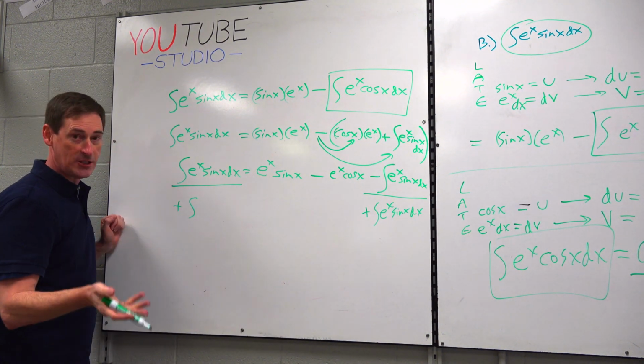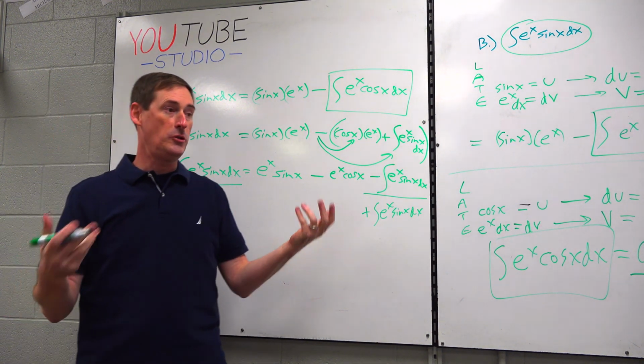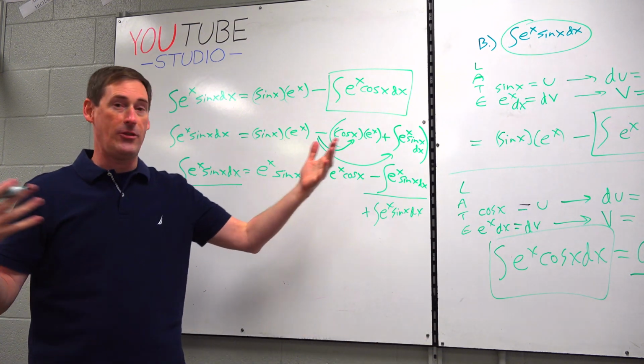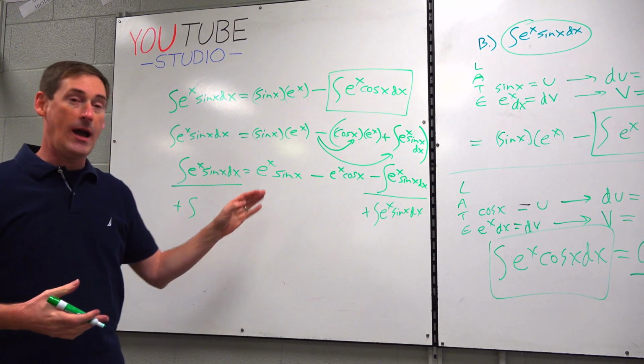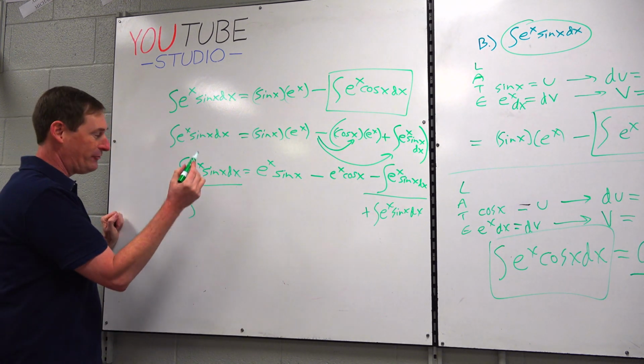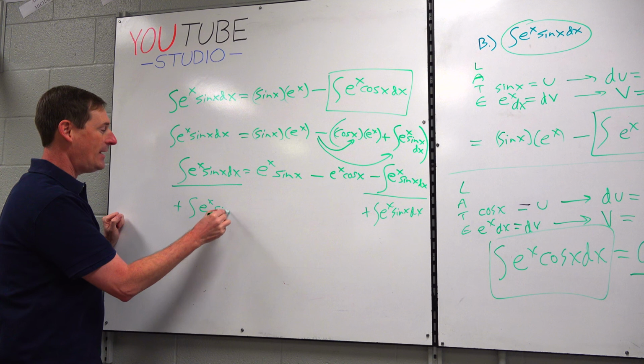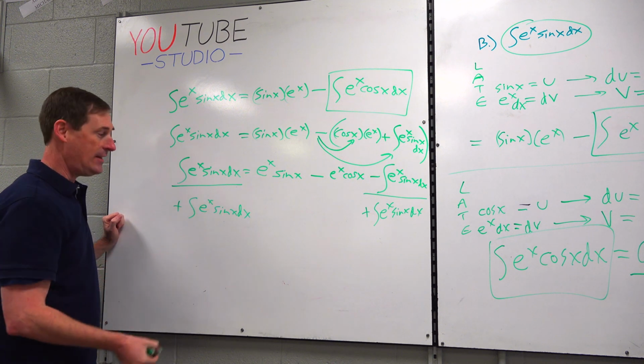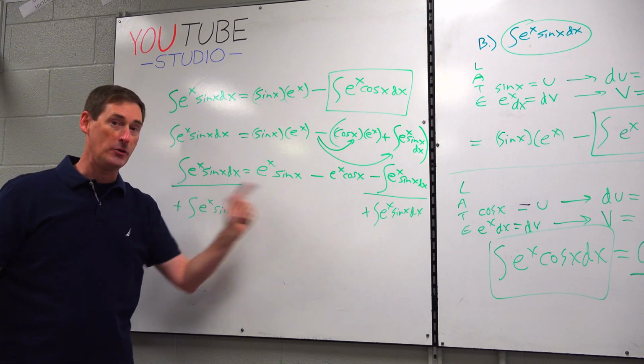Hey, we've added x to both sides. In middle school, you subtracted 2 from both sides, added 37 on both sides. I don't think you've ever in your lifetime added an integral to both sides, but guess what? It follows the rules of math. I'm going to add the integral of e to the x sine of x dx to both sides.